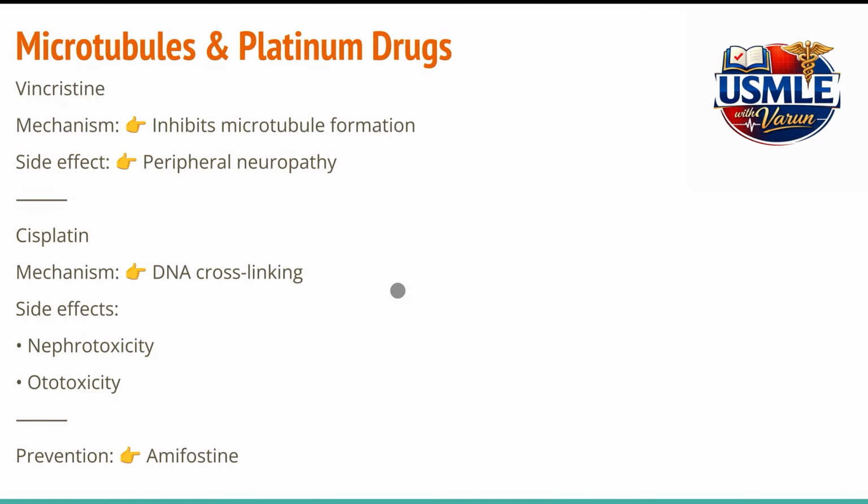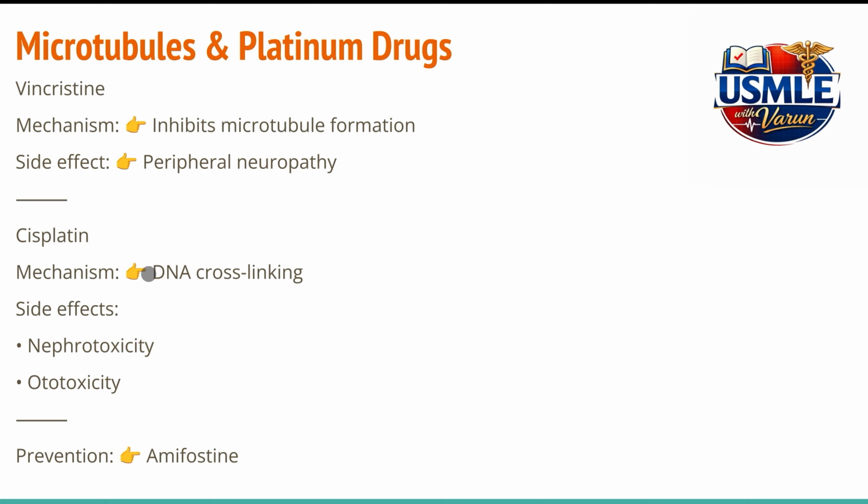Now, coming to microtubule drugs that target the microtubules, and also the platinum drugs. Vincristine prevents cells from dividing by disrupting the structures that are required for cell division. It inhibits microtubule formation, but it also affects nerves, leading to peripheral neuropathy.